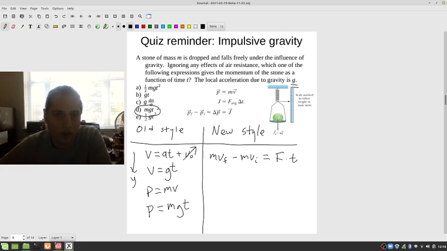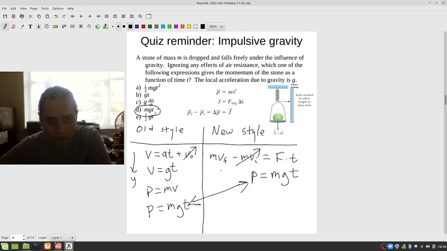Now, my starting speed is 0. This is my final momentum. That's p. So let's just say p equals, the force in this case is mass times g, the gravitational field strength. So p equals mgt.